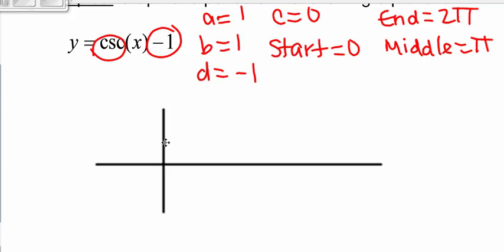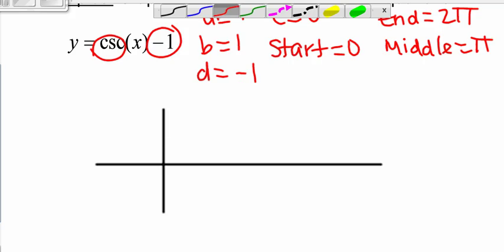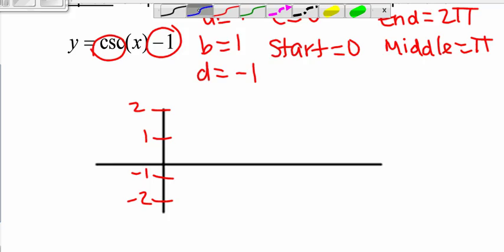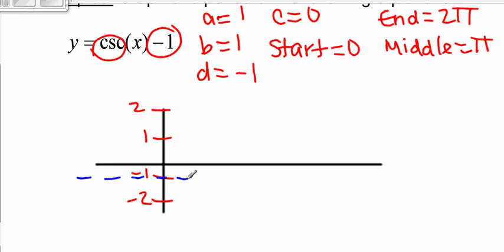So I now have 1 and 2, -1, -2. I am shifting my 0 down 1. So down 1, I'm going to put my dotted line. This is my new 0 line.